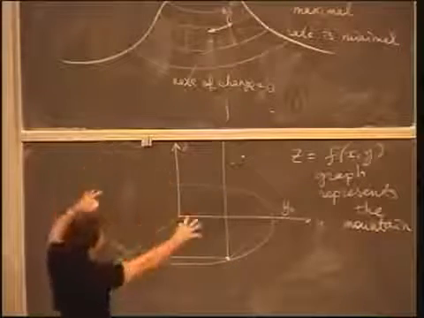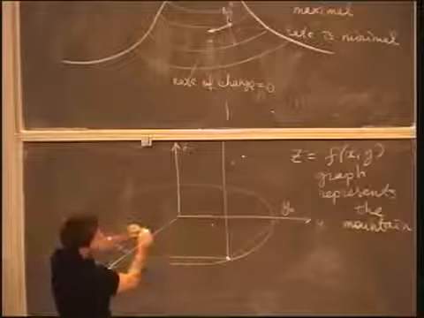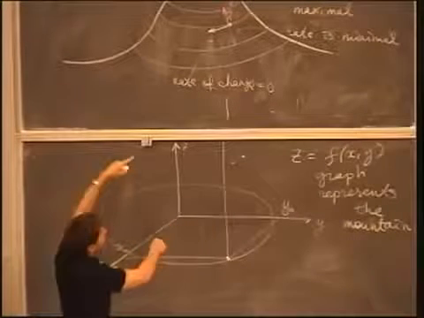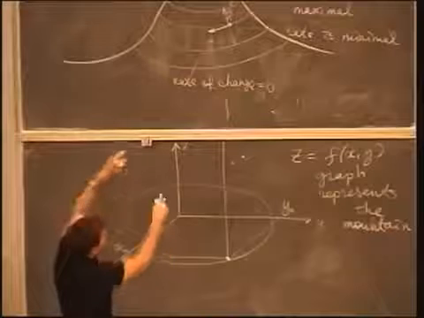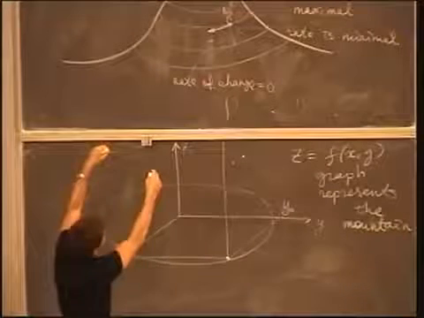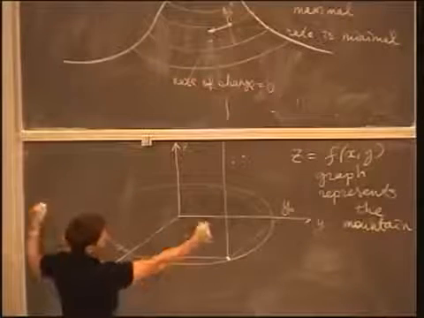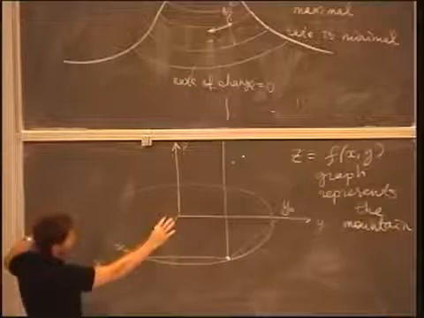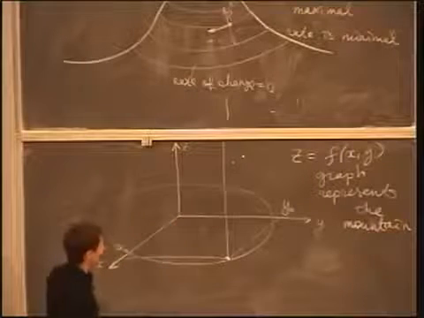This is bigger. I have used a different scale for the bottom picture as opposed to the top picture. So the level curve will look like an ellipse, but I have rescaled it to make it bigger so that it's easier to draw.